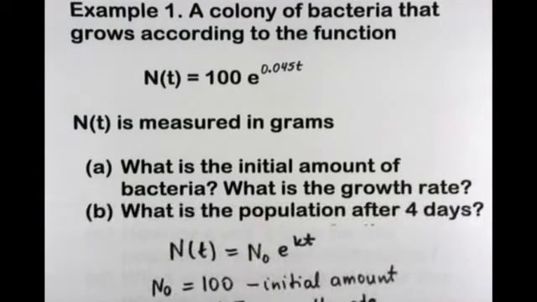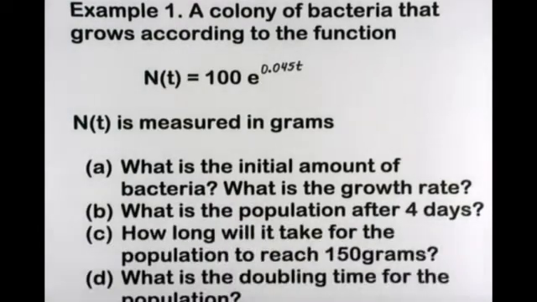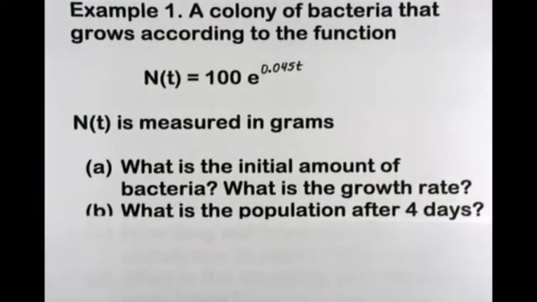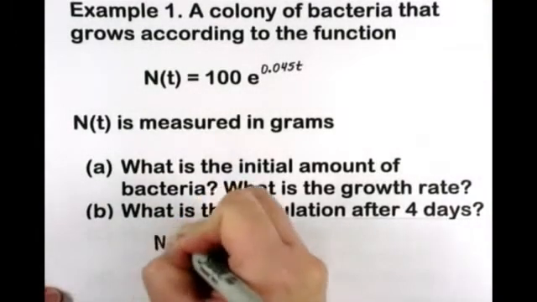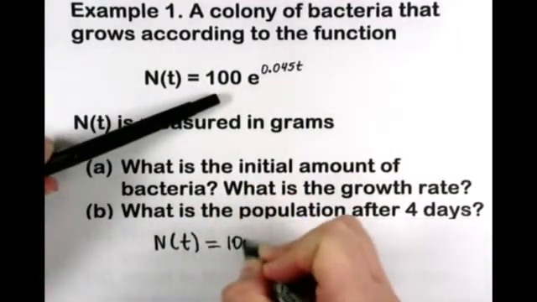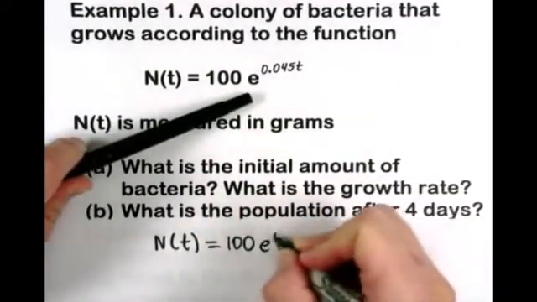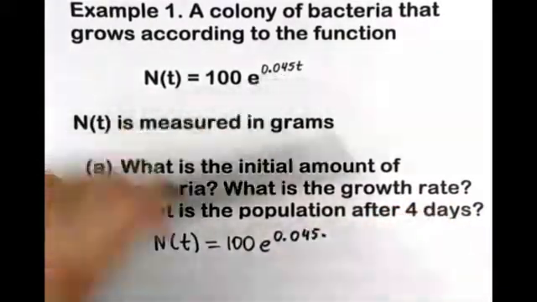And now we want to do B. What is the population after 4 days? So 4 days is the time. We are using the formula N(t) = 100 e^(0.045t), where t is 4 days.